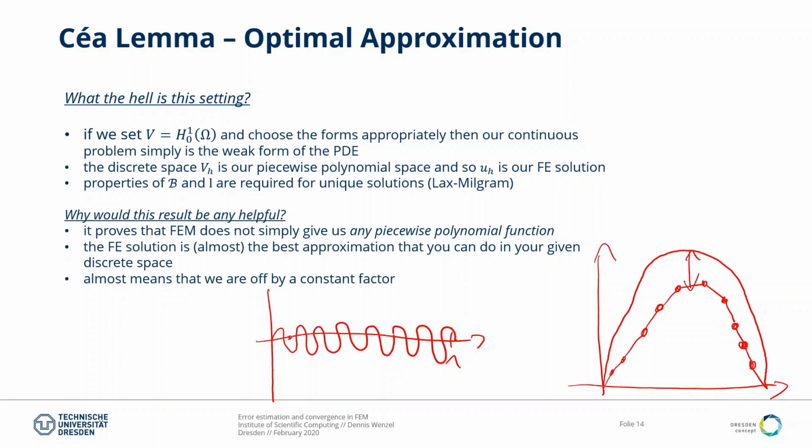So you can't help anything if the finite element space is chosen poorly, because then your best approximation in the space is already terrible. So those are the two drawbacks of this result. You don't know much about this constant for now, and you also can't help it if your finite element space is not chosen well.